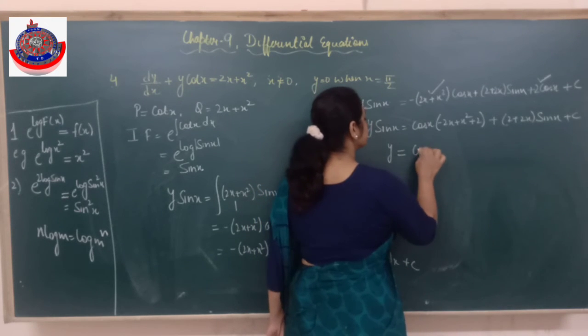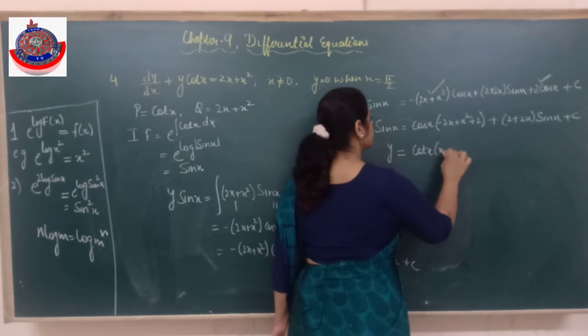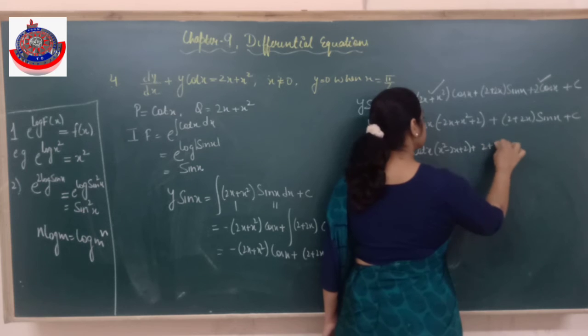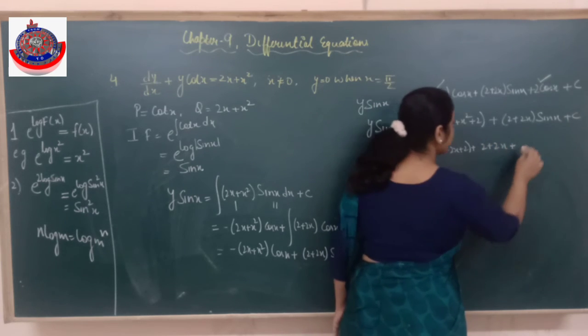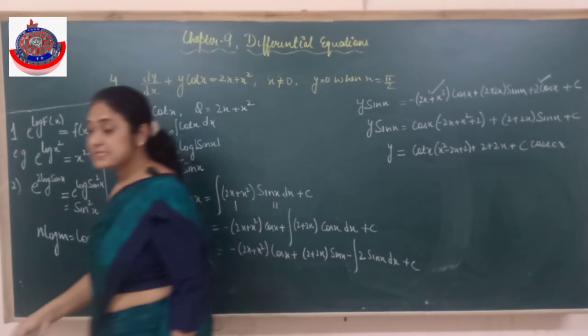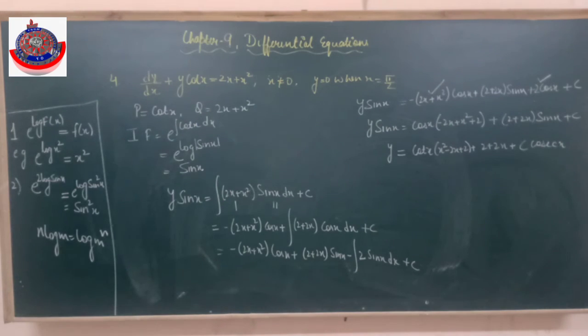Cos upon sine, cot, sine and sine cancel, 1 upon sine would be cosecant. Is this clear? So whatever simplification is possible, we have to do it. But now in this question, what do we have to do? They asked us to find out the particular solution.